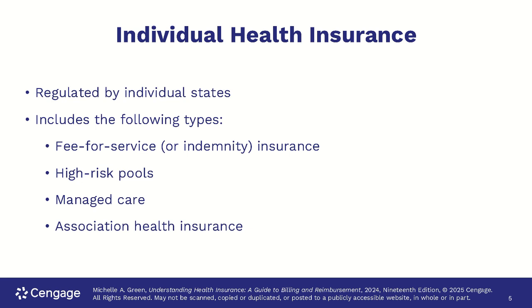The book talks about four types of plans. First, fee for service, also known as an indemnity plan. This is a traditional plan that covers a portion of the services, such as inpatient hospitalization, doctor's office visits, and then the patient pays the rest. High risk pools, these are known as the plans of last resort, right?